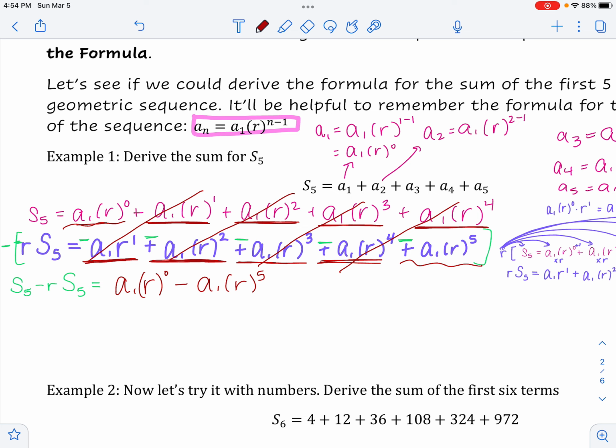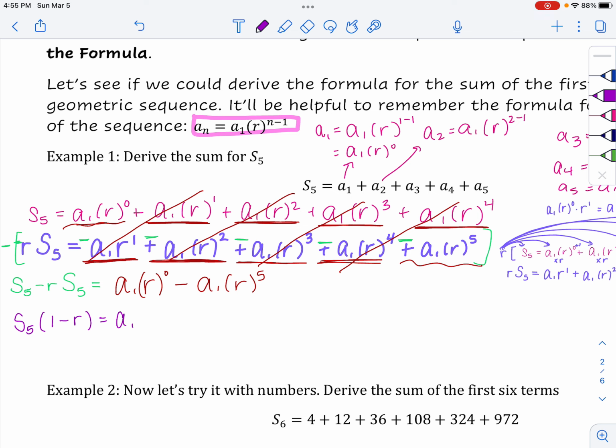Okay, the next step that we are going to do is factor out a GCF from both sides. So on the left side, S5 minus RS5, I'm going to factor out the S sub 5, just like it's a GCF. When I divide that away, I'm left with 1 minus R equals, on the right side, I notice they both have the A sub 1 term.